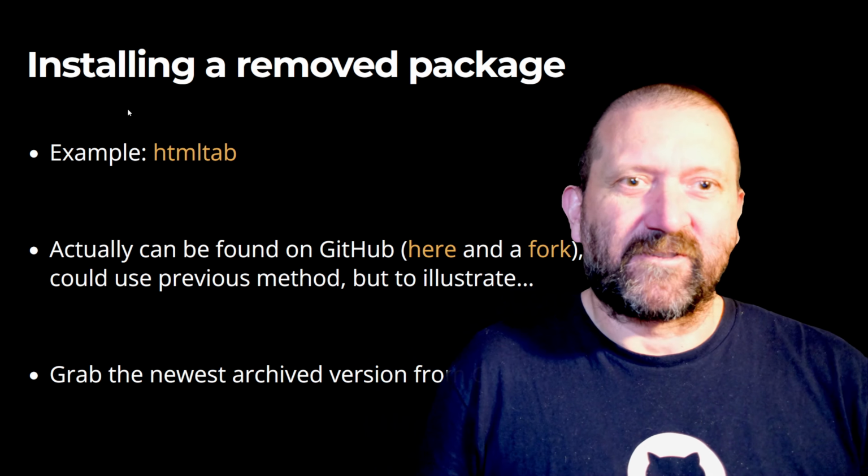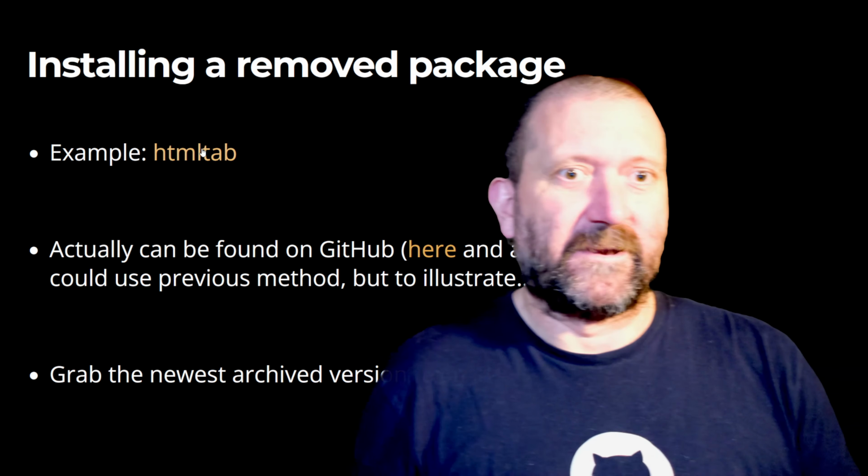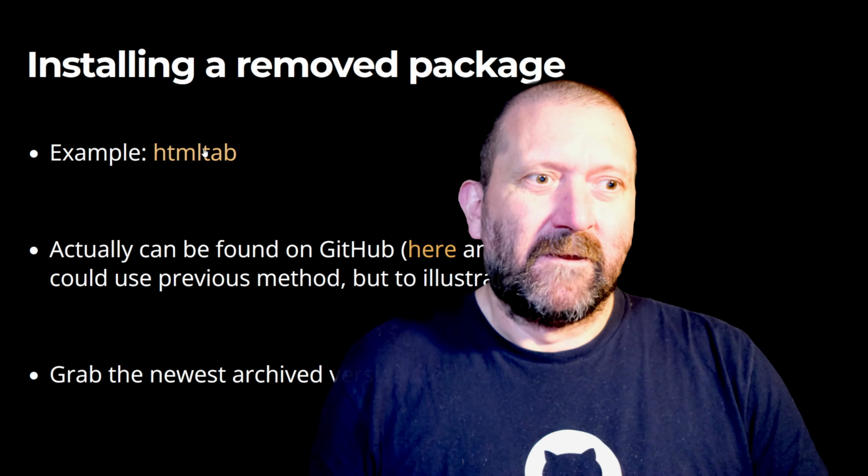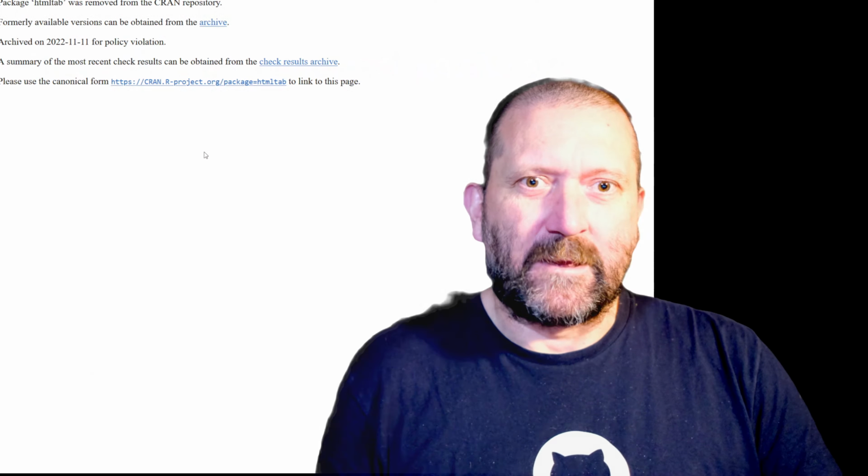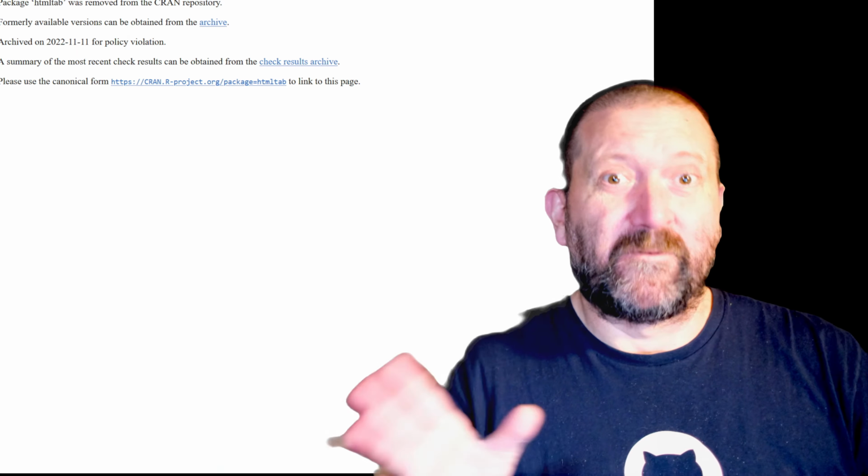Here I'm taking the example of a package that I use a lot, and it's very convenient. It's called HTML tab. You can see that here it says package HTML tab was removed from the CRAN repository. There's a former version available here. It's archived for policy. It doesn't say what policy it violated.